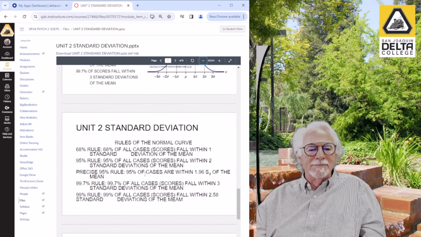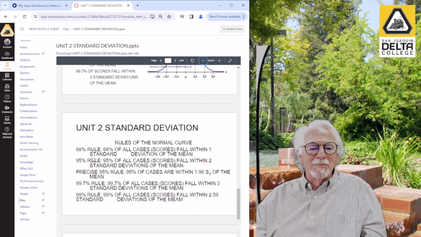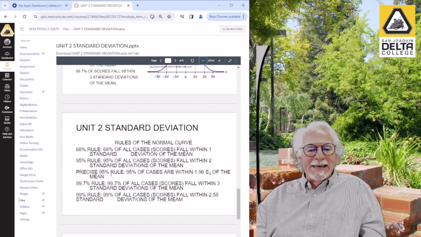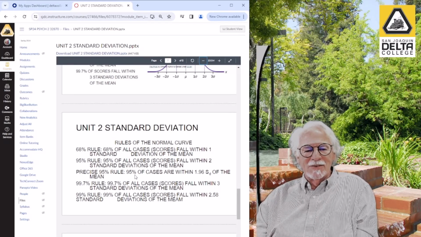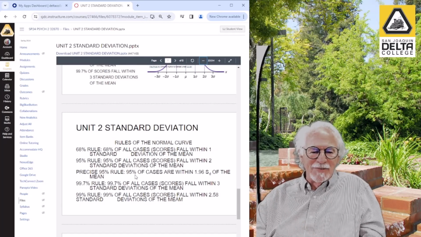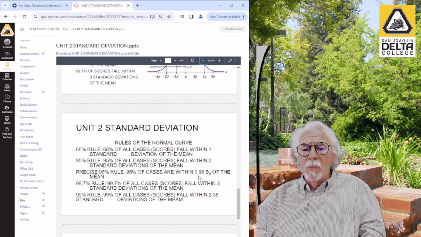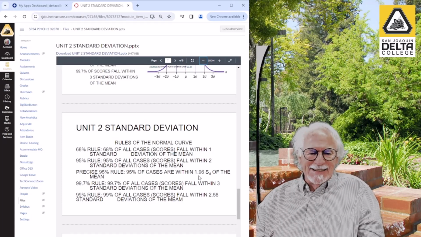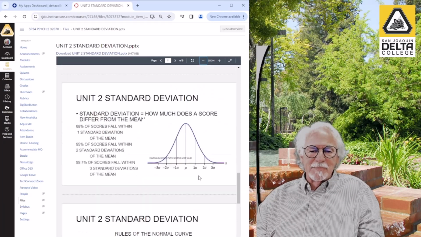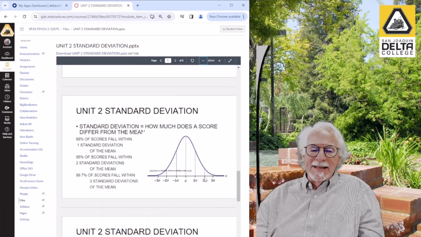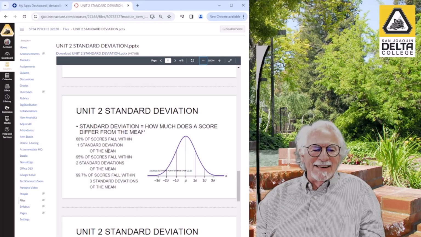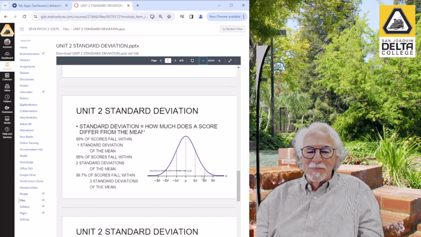And here comes some more. I did the 68% rule and the 95% rule. This is the precise 95%, which says precisely 95% of the cases are within 1.96 standard deviations of the mean. So instead of 2 standard deviations, we're talking 1.96, which is really right next to it, just a little shade.